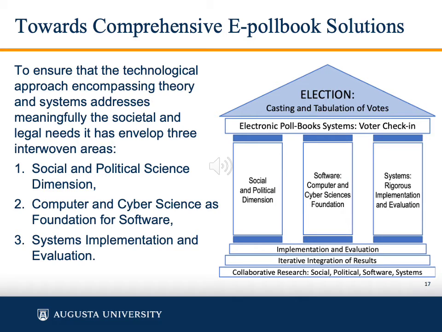A comprehensive electronic pollbook solution is a technological solution for a problem that needs to be responsive to legal requirements and societal needs. Our project thus encompasses three interwoven dimensions: social and political science, computer and cyber science foundation, and system implementation and evaluation.